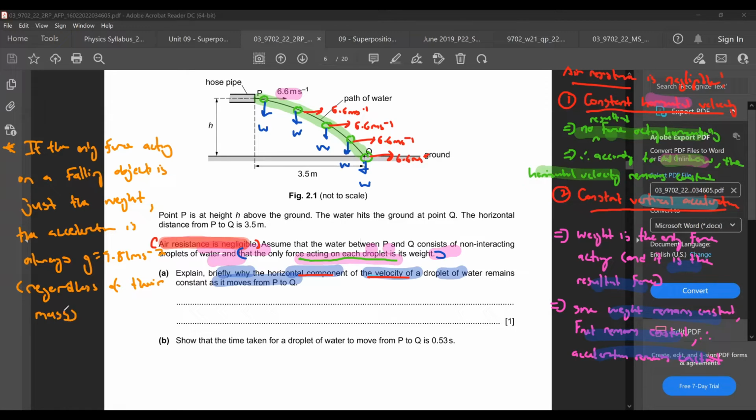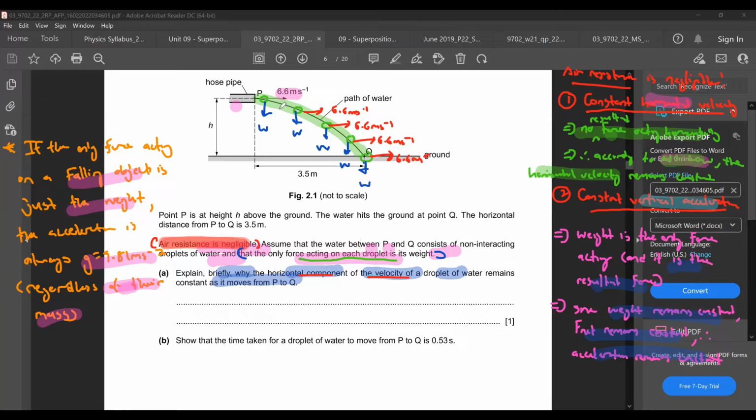This is useful to know from your kinematics. The moment you see any falling object and you see that it's only the weight, you can automatically assume that the acceleration that it experiences is g, regardless of whatever mass they have.